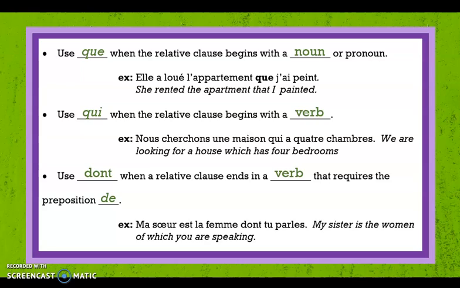Because I can't end the sentence with de. So instead, I'm going to use the relative pronoun dont, which means of which. So when I say that, it's translated more accurately as, my sister is the woman of which you are speaking. Ma sœur est la femme dont tu parles.